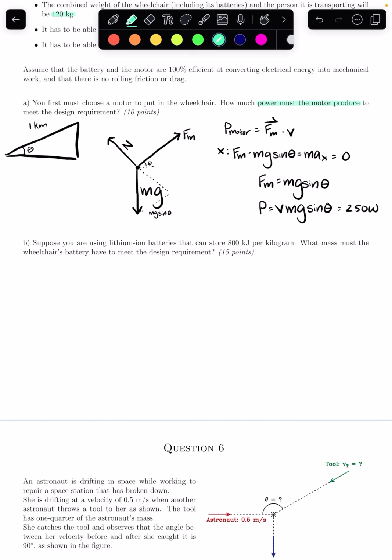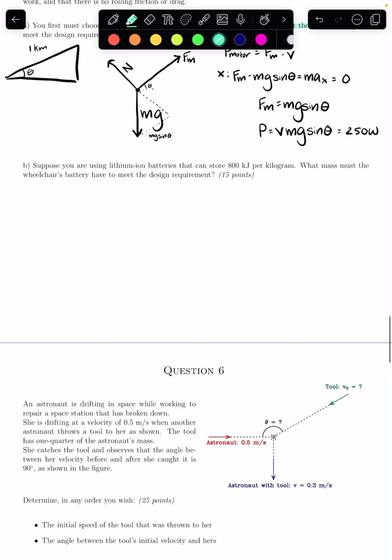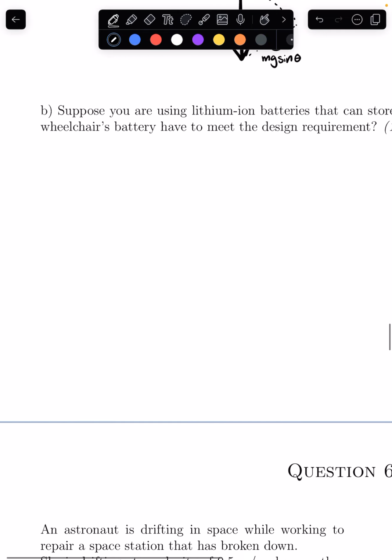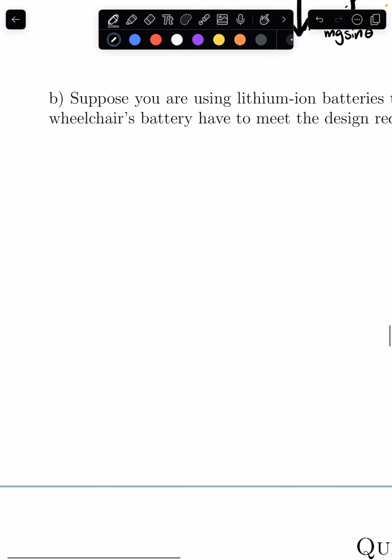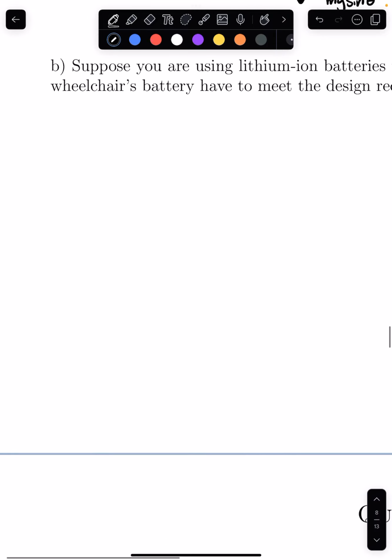For the second part, we need to find what mass the battery has to be when it can store this much per kilogram. We need to find the energy needed to do this journey, which is going to be equal to mgh.